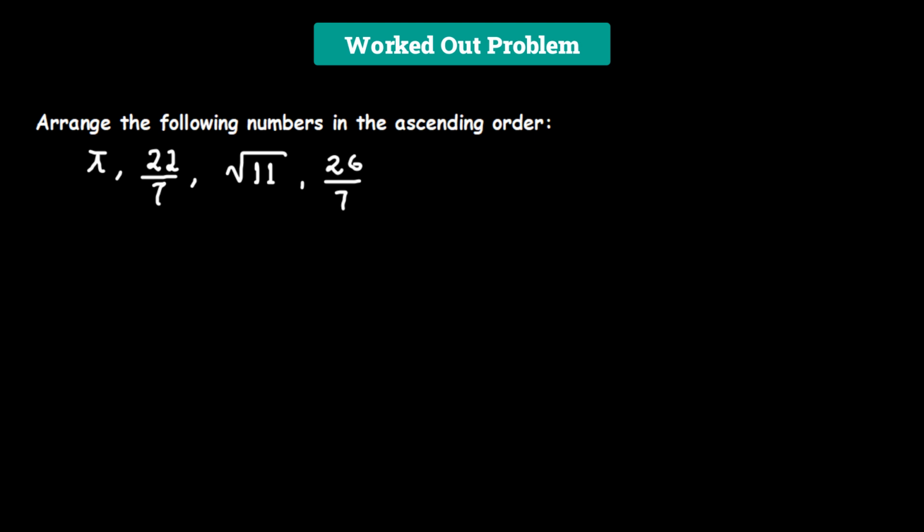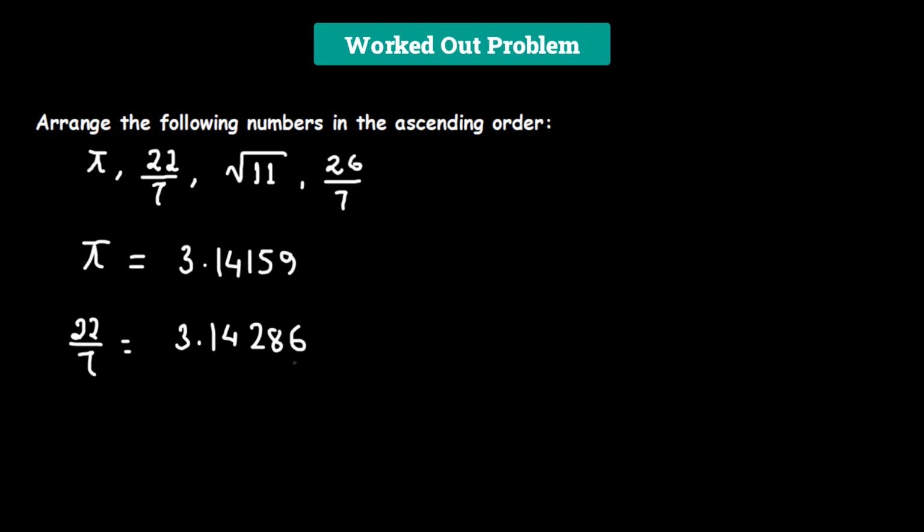Let's begin with the first number, which is pi. In a calculator, we plug in the value of pi, and that gives us 3.14159. Here I'm considering the digits up to 5 decimal places. Then we go to the next number, 22/7. We divide 22 by 7, and that gives us 3.142866.